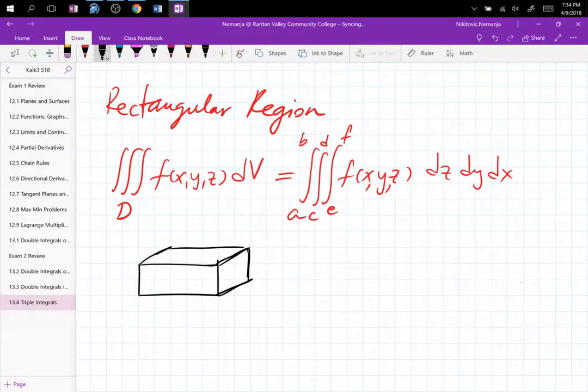Now, this box is 5 units long, 3 units wide, 2 units tall, right? To calculate the volume, clearly volume is 5 times 3 times 2, which is very good, 30.